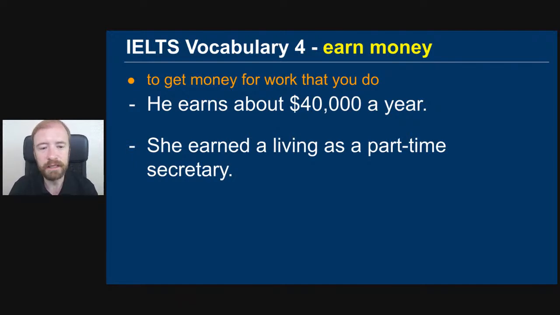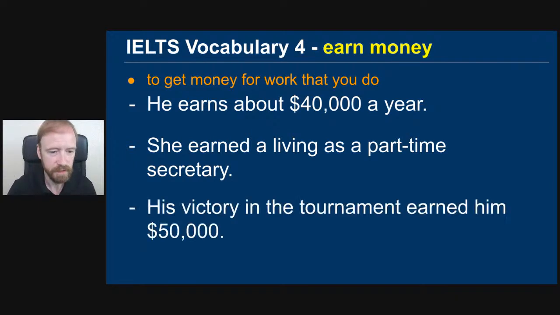She earned a living as a part-time secretary. Okay, so she earned a living. That was her job. That's how she made her salary. That was her income. So you earn a living. You got to work to survive in this world, to make money to survive. Everyone has to earn a living.